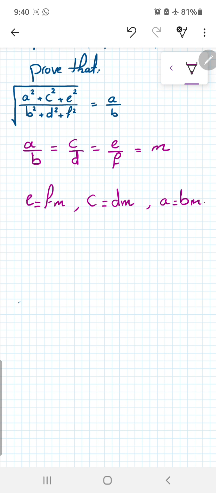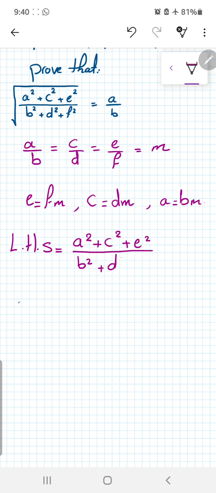First, get the left hand side, which is A power 2 plus C power 2 plus E power 2 over B power 2 plus D power 2 plus F power 2, under the square root. Okay, by substitution we have A equals Bm.